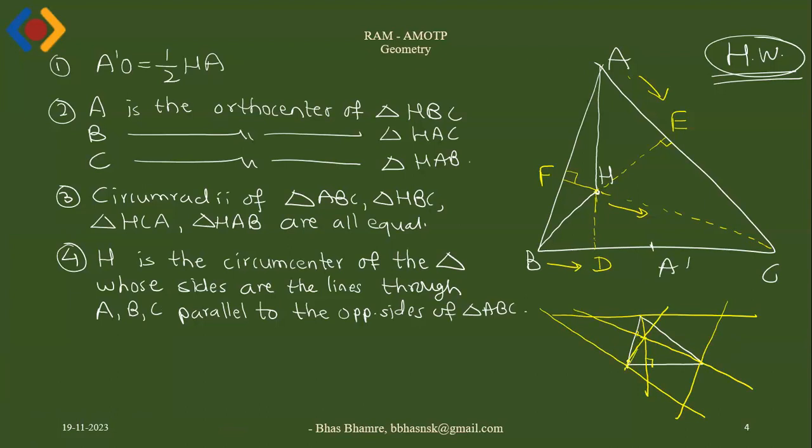And actually this fact is used to show the altitudes are concurrent, traditionally without using Ceva or the trigonometric form of Ceva. If we need to show that altitudes are concurrent, we use this fact that H is the circumcenter of that triangle whose sides are the lines through A, B, C parallel to the opposite sides of triangle ABC. Okay, the proof is very simple. That doesn't go longer. Going ahead.